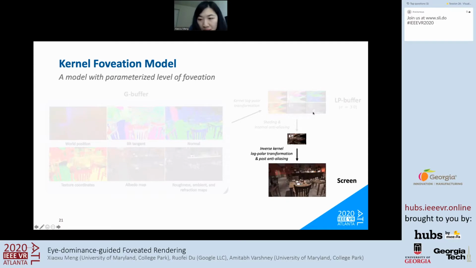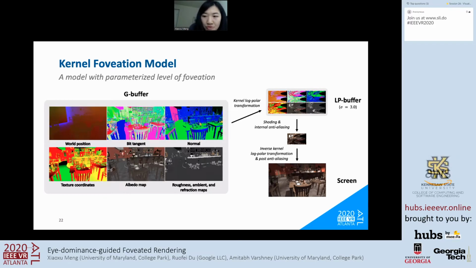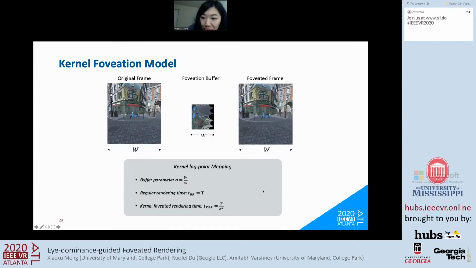In the second pass, we carry out the inverse log polar transformation and perform anti-aliasing to map the reduced resolution buffer to the full resolution screen. We know that the rendering cost is proportional to the rendering resolution. Because the rendering happens in the reduced resolution buffer now instead of the screen, the shading cost can be greatly reduced.